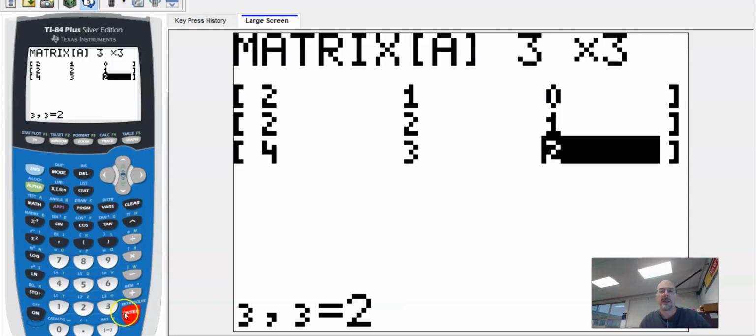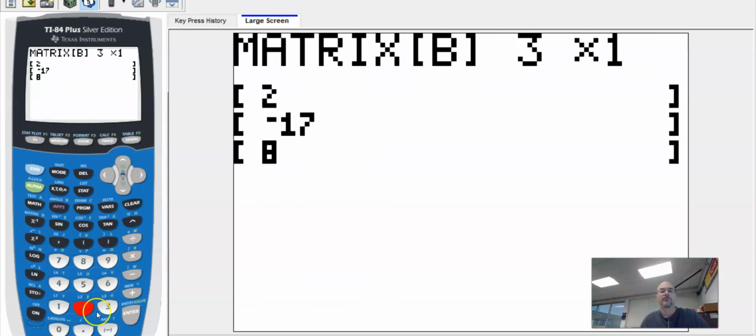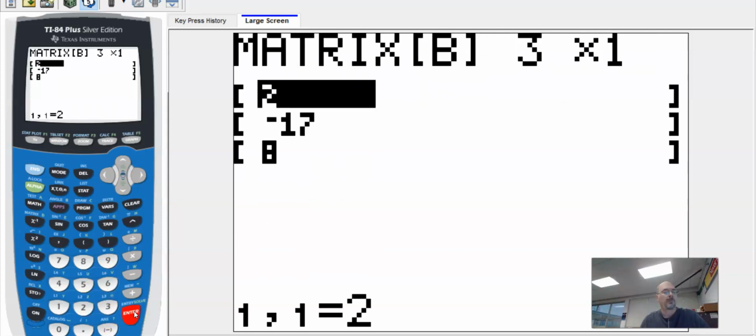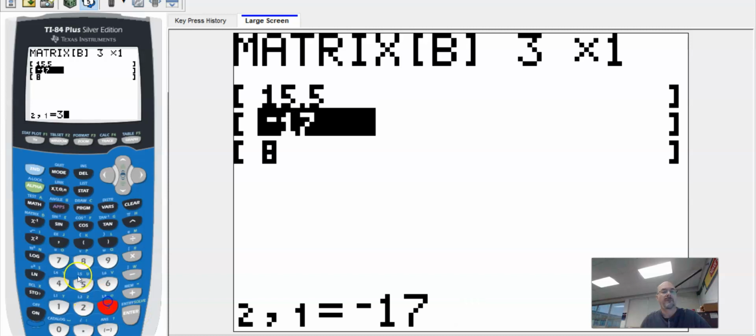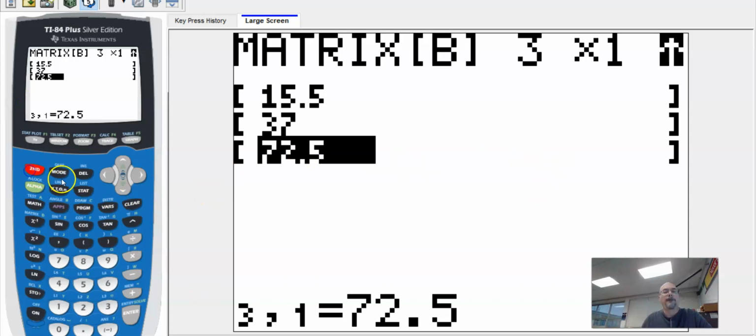All right, there's my matrix A. Now I'm going to go back and do my matrix B. You'll notice that the calculator drops unnecessary zeros, okay? So when you type it in, it won't put the zeros on the 50 cents. Okay, I'm going to quit.